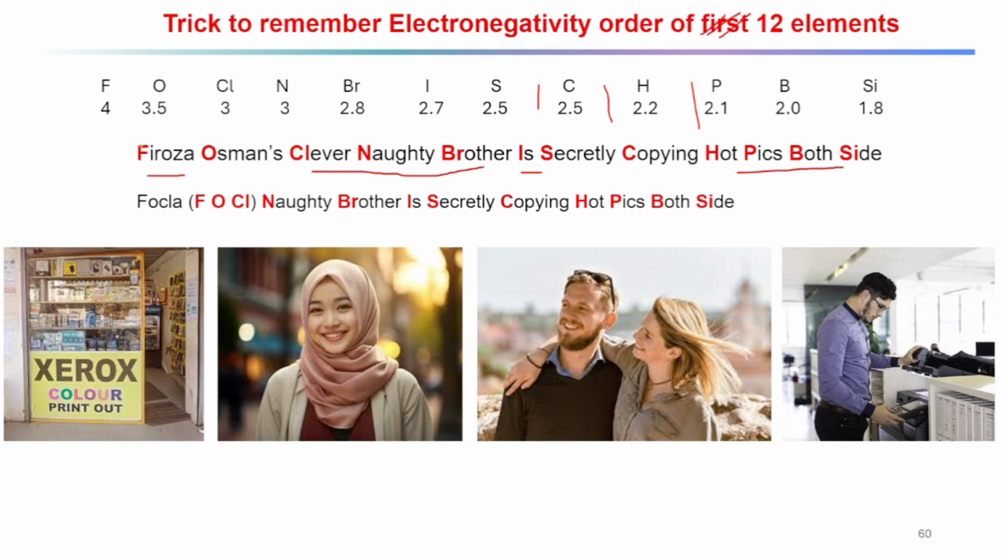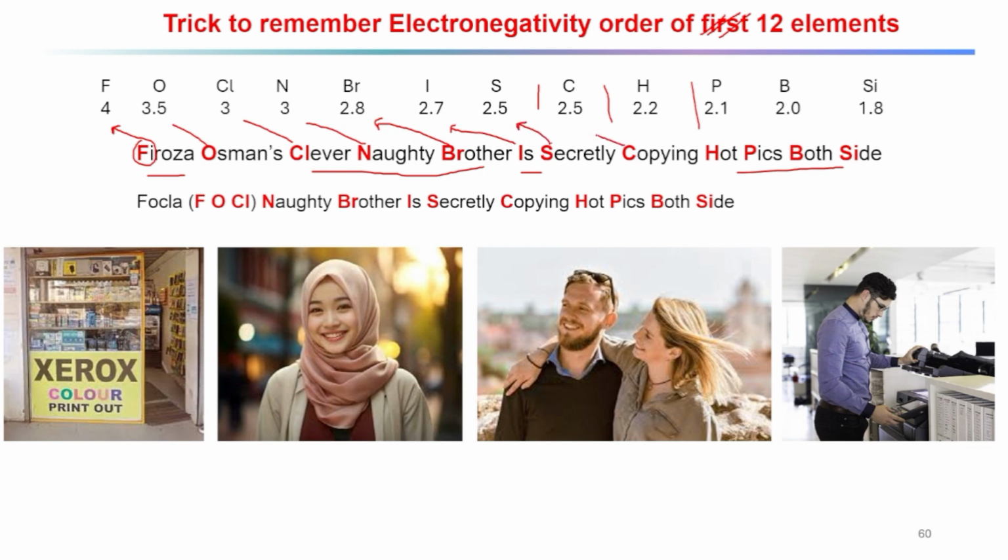From this Firoza, you can remember F stands for fluorine. From this Osman, O stands for oxygen. From this clever, Cl, then nitrogen will come, and from the brother, bromine will come, and from this is, iodine will come. Now in this, secretly, this first S is denoting sulfur.